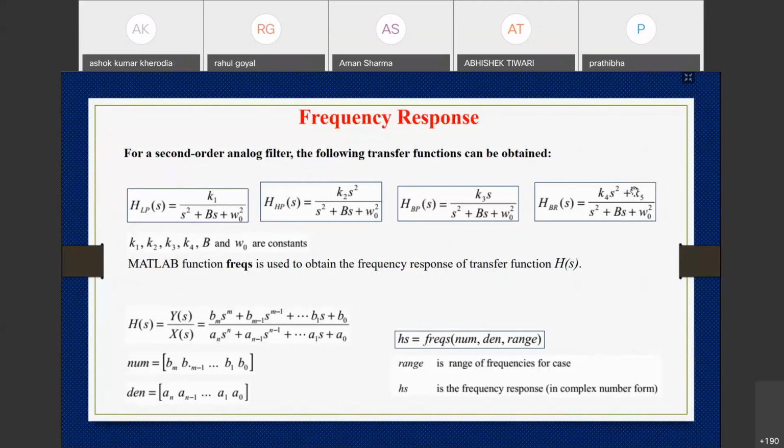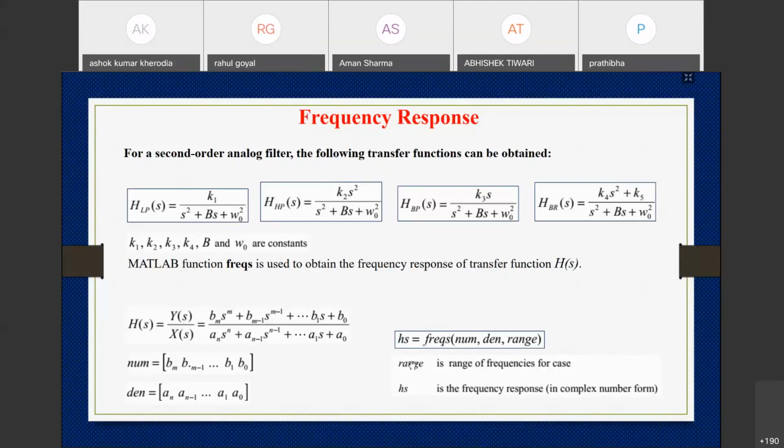So what we'll do, we'll use the MATLAB function freqs, which is used to obtain the frequency response of a particular transfer function H(s), whose format is H equal to freqs of numerator, denominator, and the range of frequency.